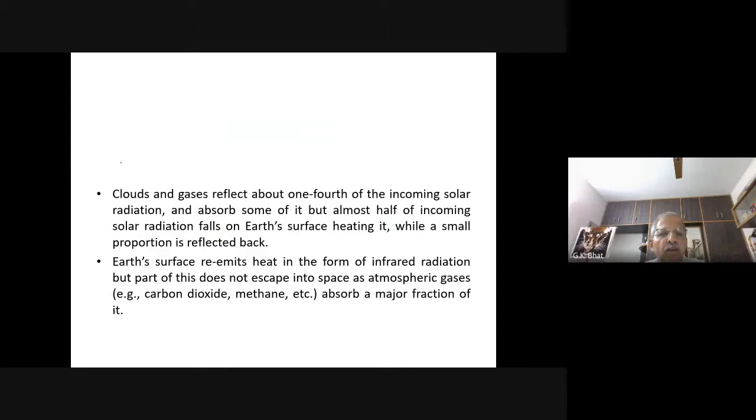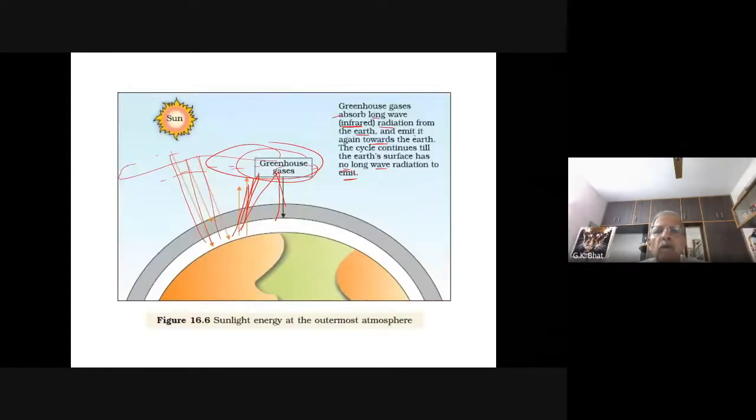Clouds and gases, a very important point. Just listen to me now. What you see, the long waves here, are absorbed by the greenhouse gases and emitted back to the Earth's surface, thereby keeping the surface temperature on the Earth generally around 15 degrees centigrade.